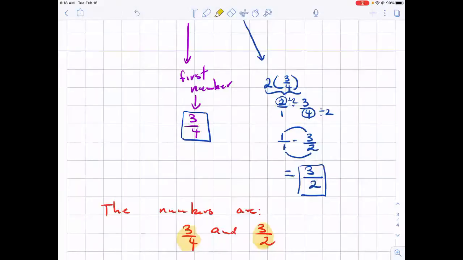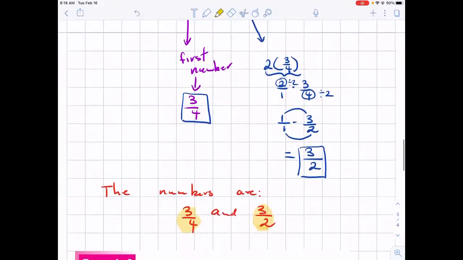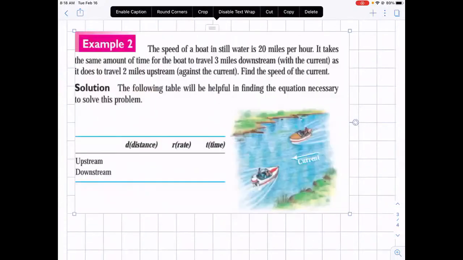So let's look at a second example. Here's my second example. The speed of a boat in still water is 20 miles per hour.